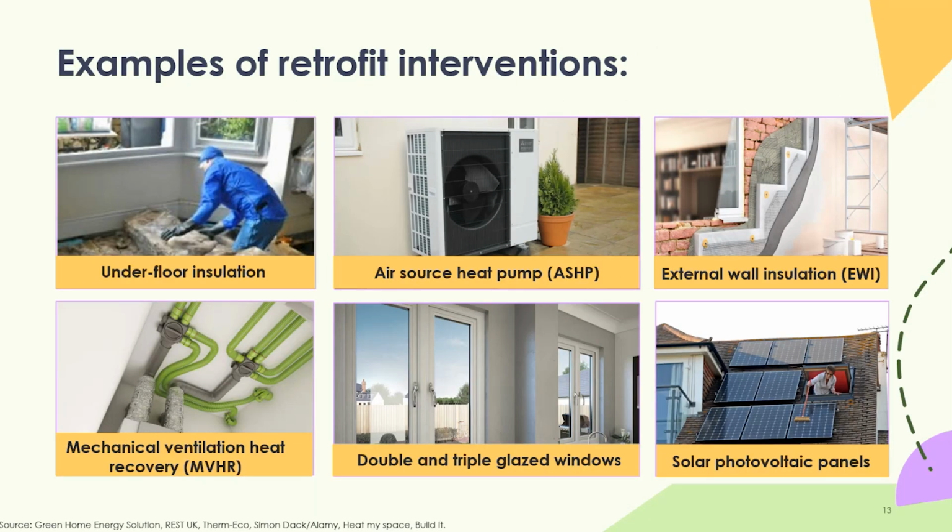So what do some of these look like? That's some underfloor insulation being laid down, probably on a suspended floor, I would imagine, with that setup and that bay window. There's an air source heat pump there in the top, in the middle. Important to note as well that with that air source heat pump, that's the external bit that is always in all the photographs.